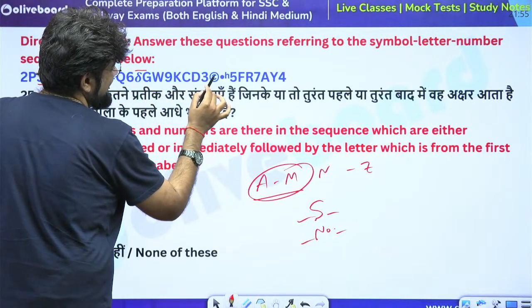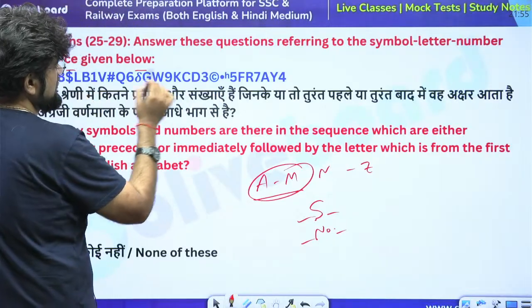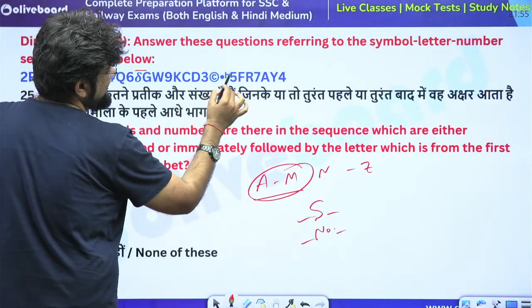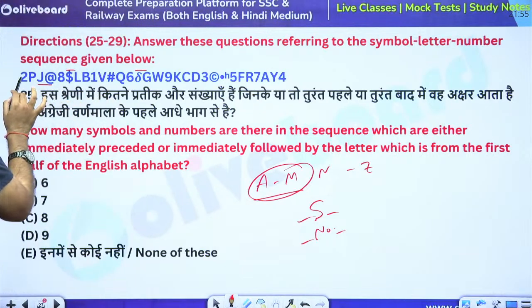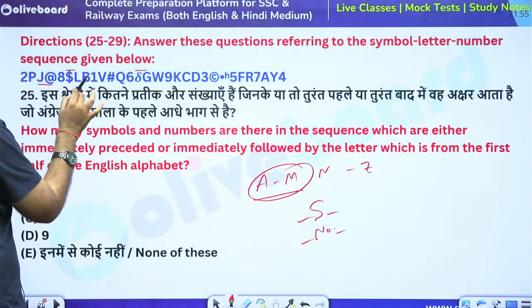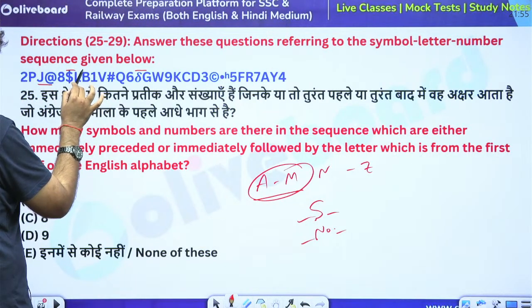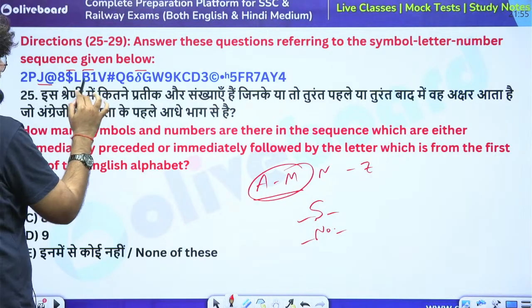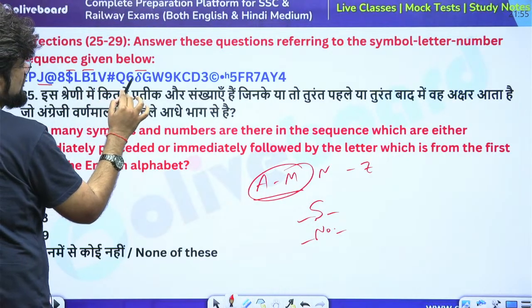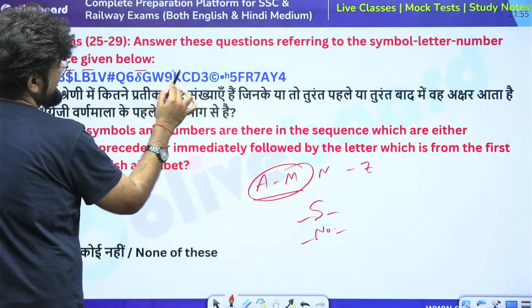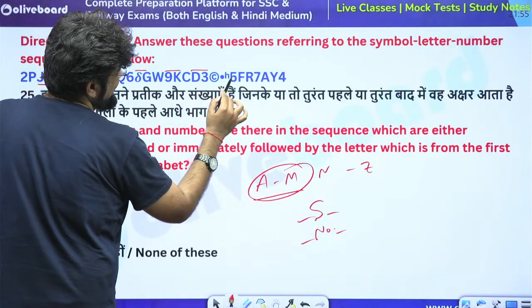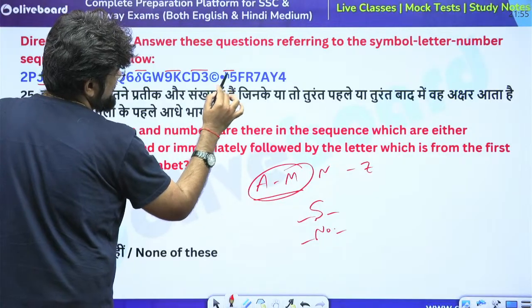Symbol, okay, we have to check numbers also, no. Symbol 3, no. Check for numbers also now. 1B, we will take this. 6Q, no. 9WK, 9K, we will take this. 3D, we will take this. 5H, I am not sure this is H or not.